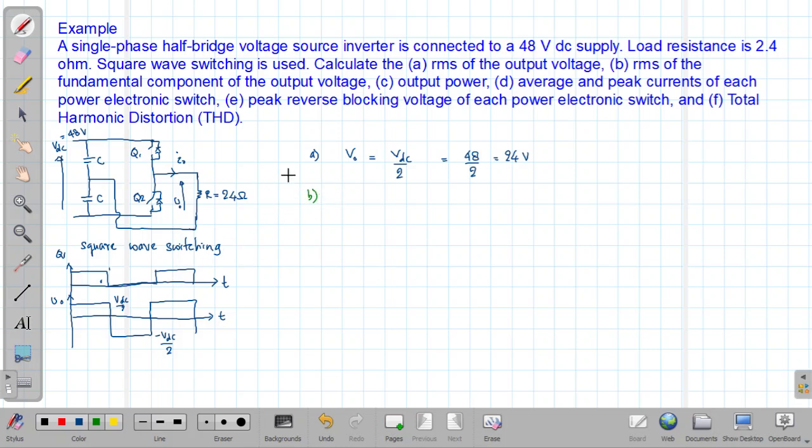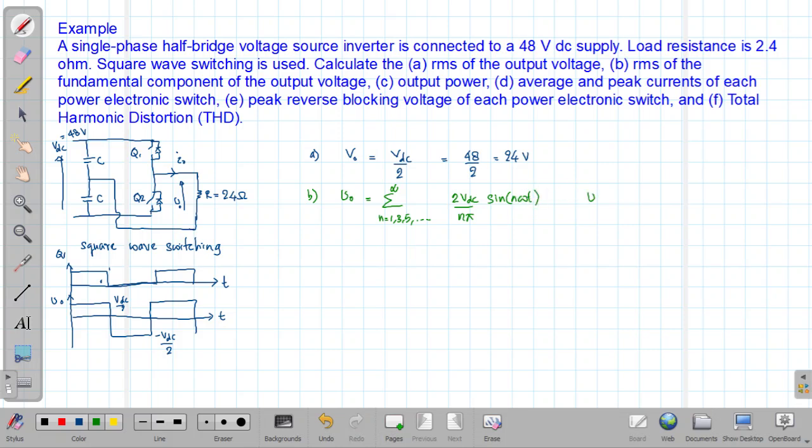Then the second one is the RMS of the fundamental component. If we recall the theory, the output voltage can be expressed as the addition of sinusoidal components, n equals 1, 3, 5 to infinity, of 2 VDC over n pi sin n omega t.